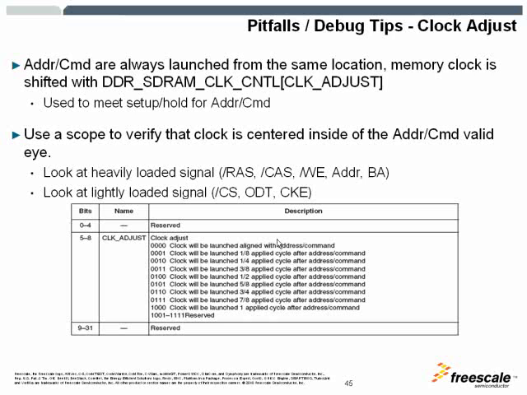So when you're setting your clock adjust, just make sure you check it on the scope and make sure that the value that you have selected would best center align the clock on the address and command signals.